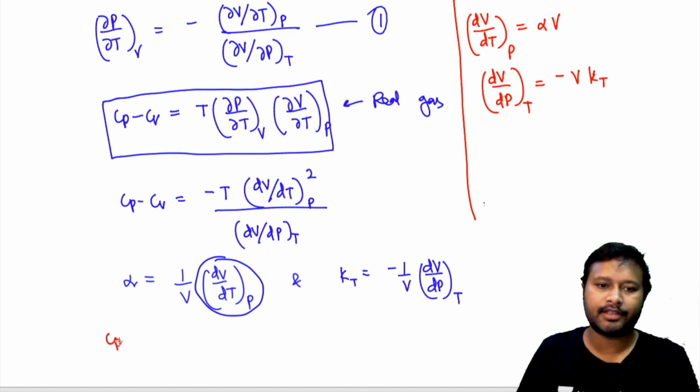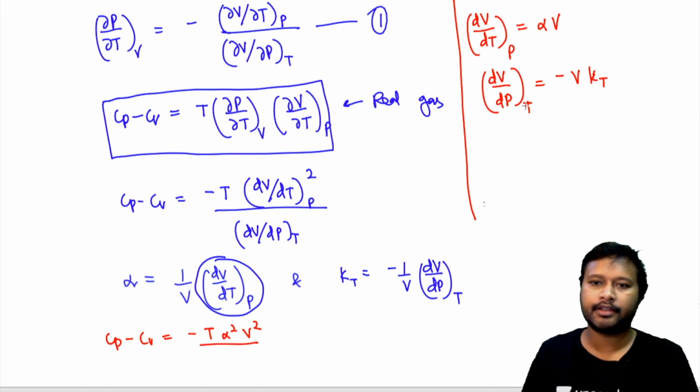So I'm going to get Cp minus Cv equals minus T times alpha square V square, divided by minus V kT. Now you can cancel out one V and one V, and the minus and minus will also cancel.